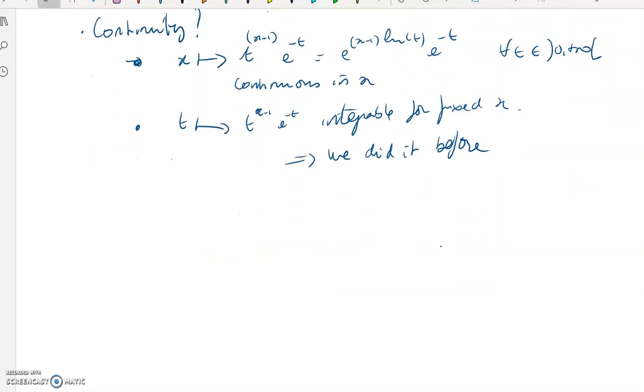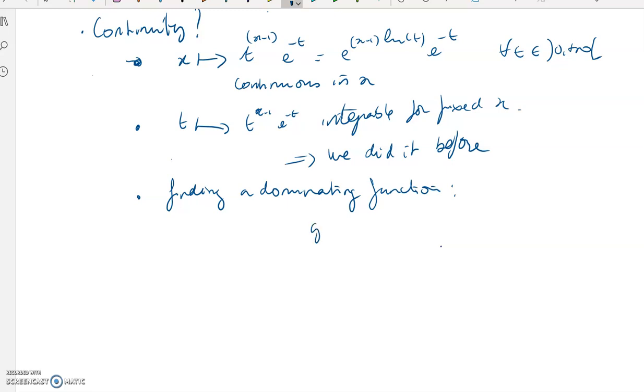Okay, next, as always, going to be the hardest part, is finding a dominating function. Okay, so what's happening for this one?